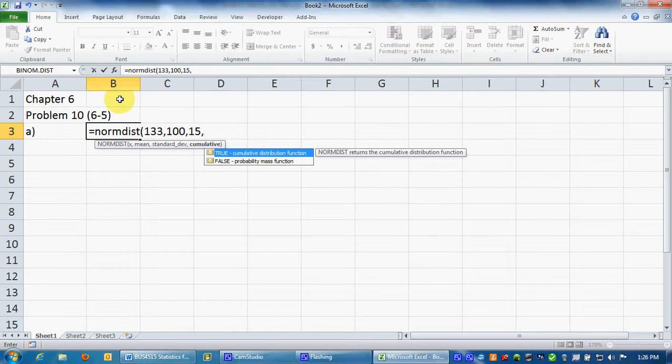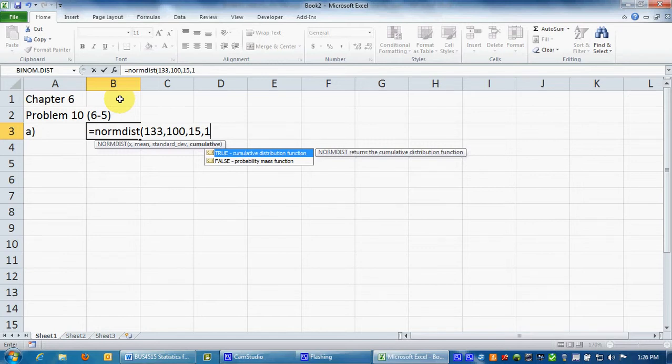In this particular case, we are looking for a cumulative function. You can see here that it gives you a little instruction, and you can see on my screen when to put a 1 and when to put a 0.